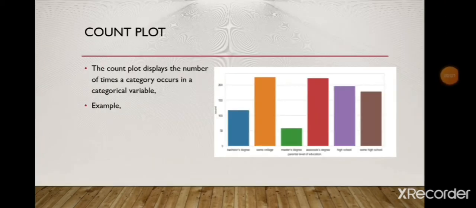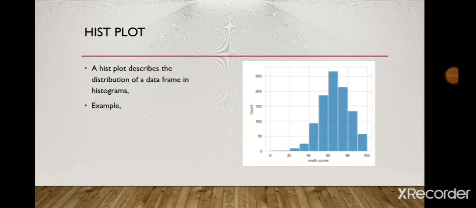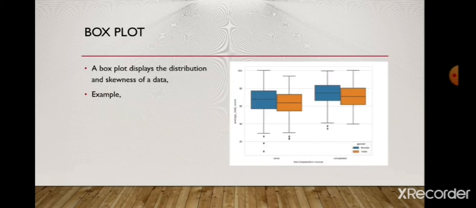Next, I use the count plot function to display the number of times a unique category occurs in a categorical variable. Next, I use the histplot to plot the distribution of my numerical variables. Then I used a box plot to display the distribution and skewness of my data. A box plot can also be used to display any outliers in my dataset.